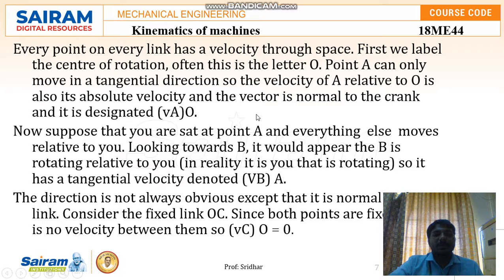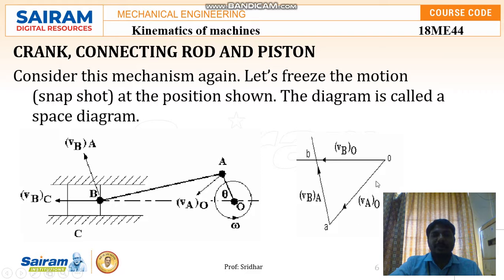So the velocity of A is relative to O, and O is the absolute velocity, with the vector normal to the crank. It is designated as VAO, with respect to the tangential velocity.